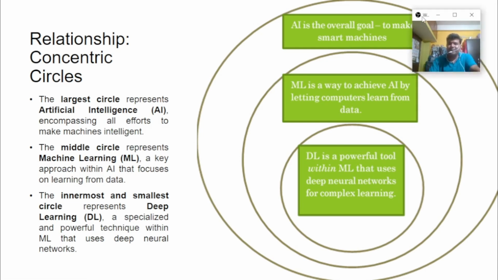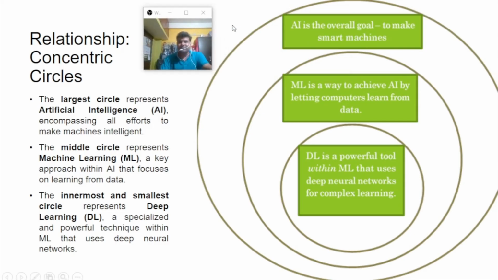You can see this diagram that describes the relationship between AI, ML and DL. The big circle, AI, is the overall goal, to make smart machines. The second nested circle, ML, is a way to achieve AI, where computers learn from data.